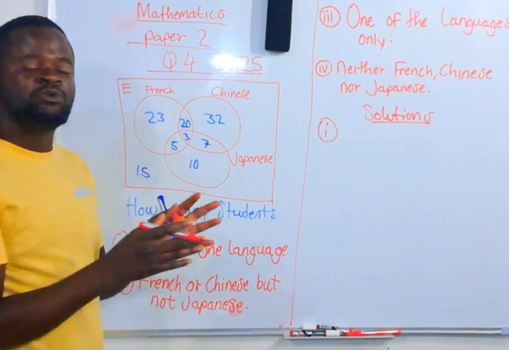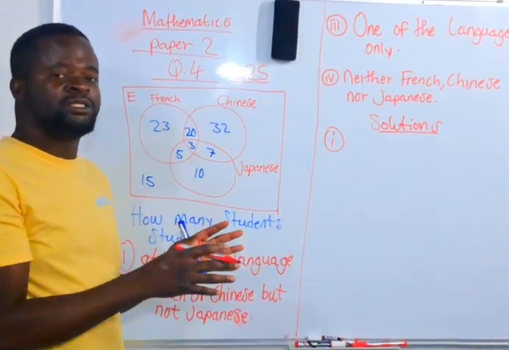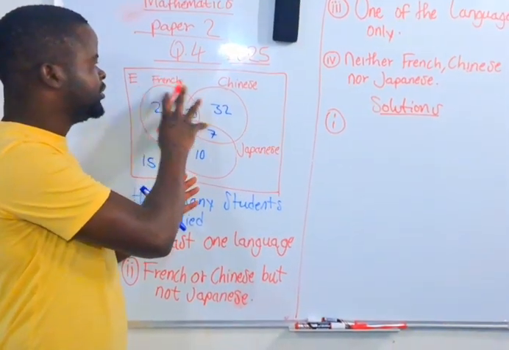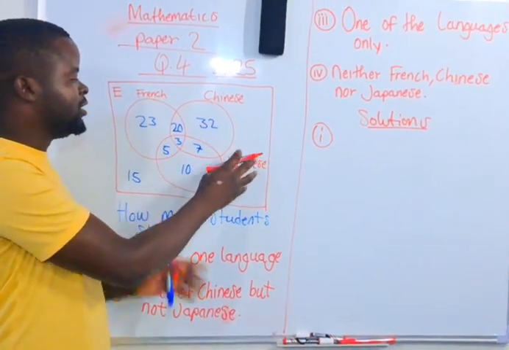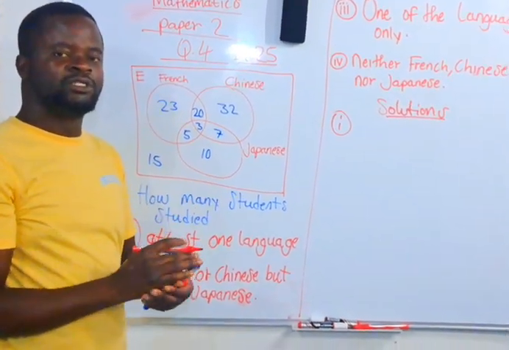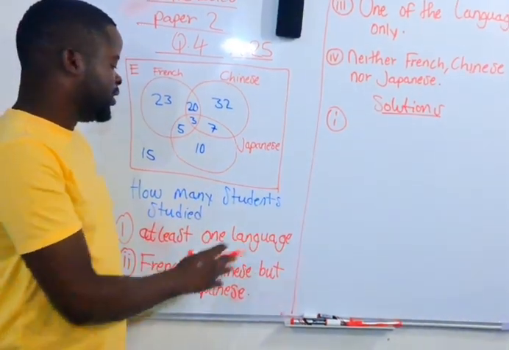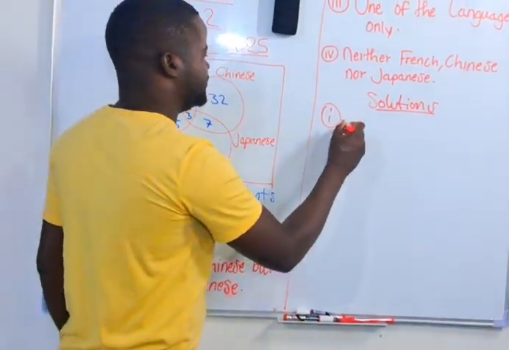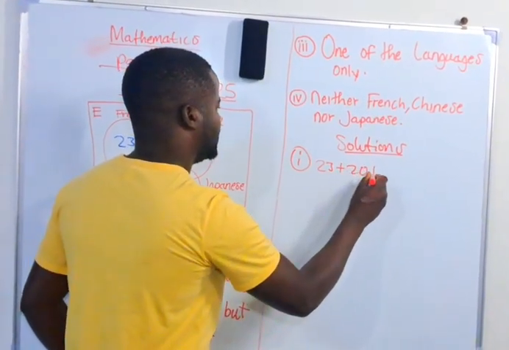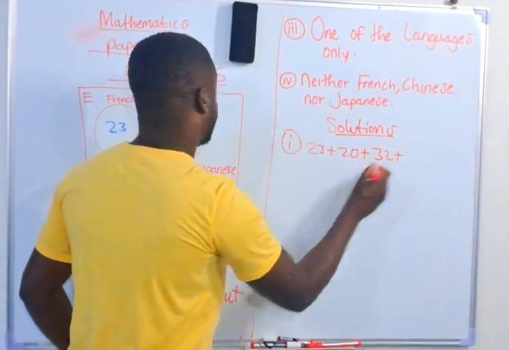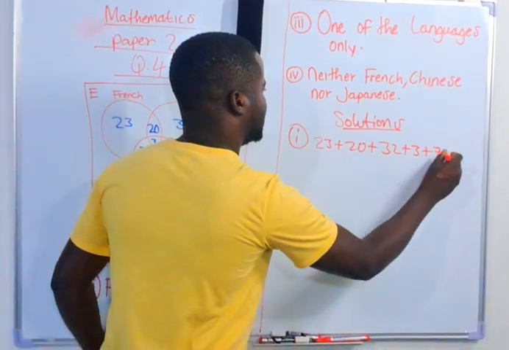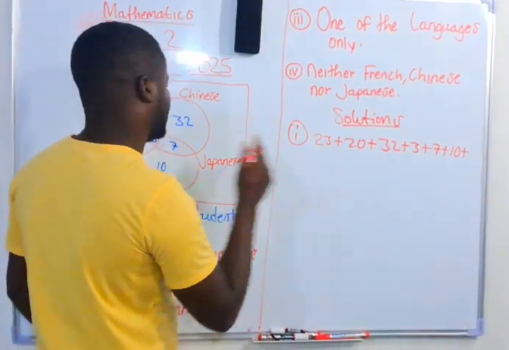In this case, we need to pick the total number of all the students within the circle of French, within the circle of Chinese, and within the circle of Japanese. Then when we combine them, we are going to find the total number of students who studied at least one language. So we say solution: 23 plus 20 plus 32 plus 3, then plus 7 plus 10 plus 5.